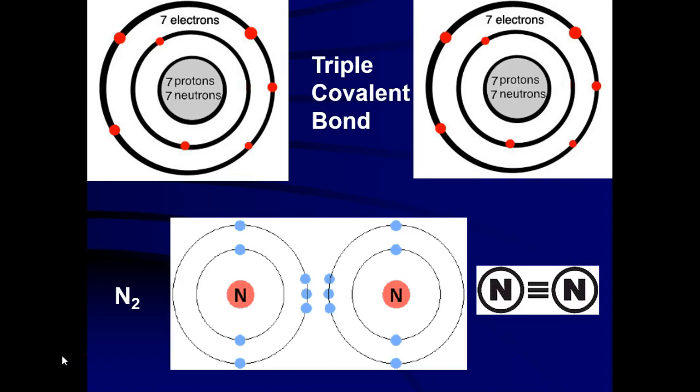So in this case, just like the other ones, those shared electrons are spending half their time orbiting one nucleus and half the time orbiting the other nucleus. And we call this molecular nitrogen. So we can have single covalent bonds, double covalent bonds, and triple covalent bonds.